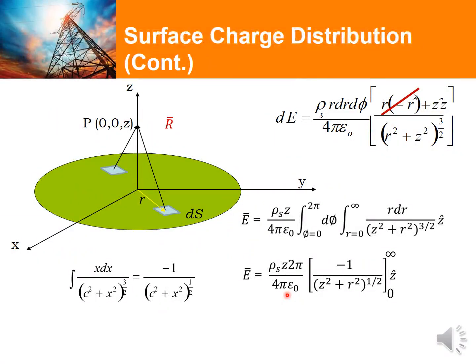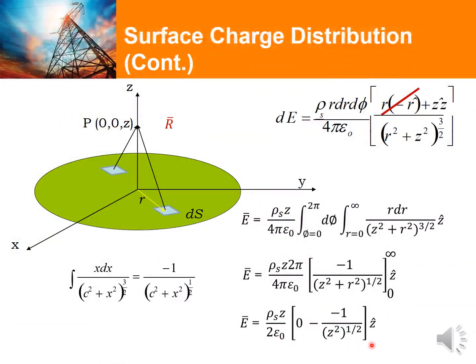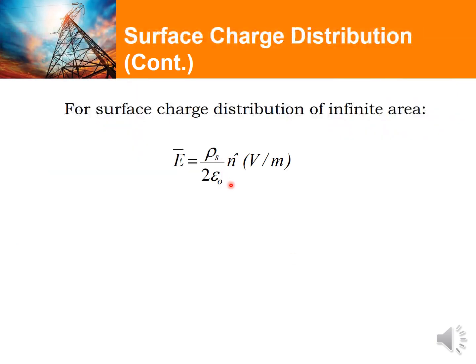Continuing to solve the derivation by putting the infinite and zero limit values into our solutions, we would end up with these relations, in which we can eventually summarize that for an infinite surface area, the electric field would be equivalent to rho_s divided by 2 epsilon naught times n, which is the unit vector for this electric field.